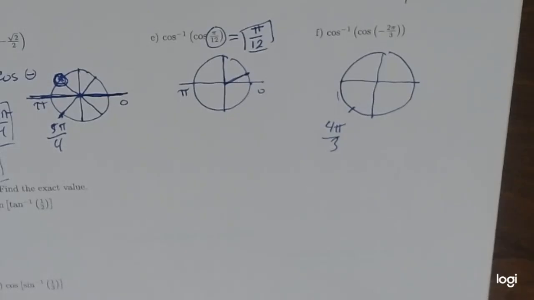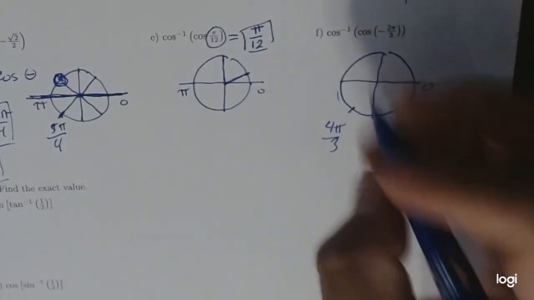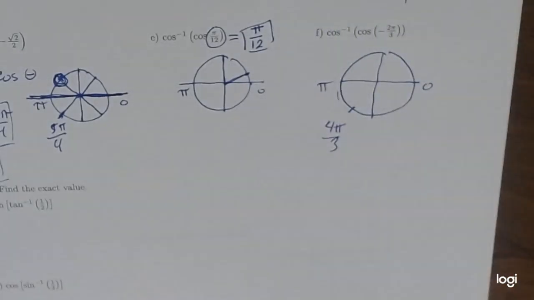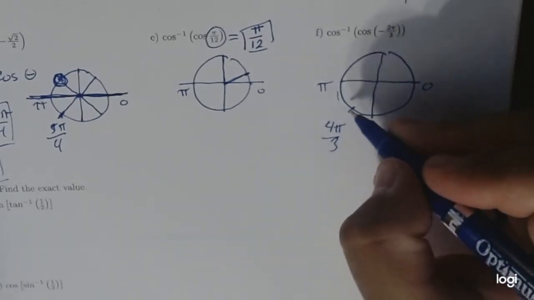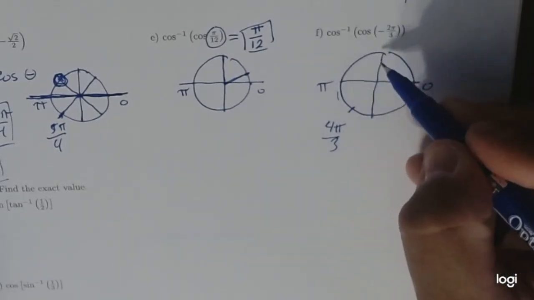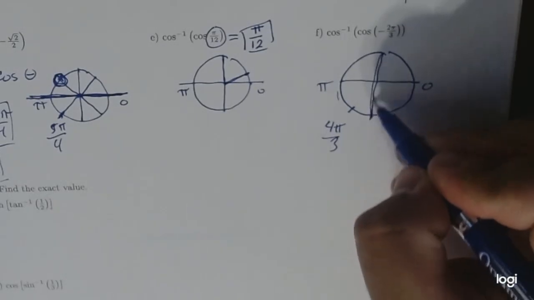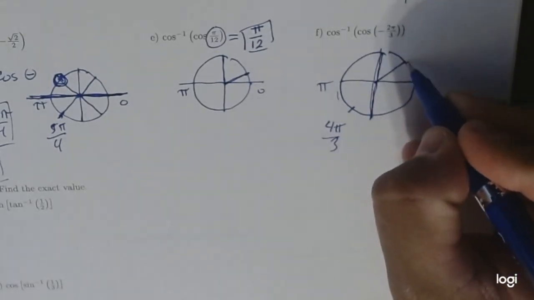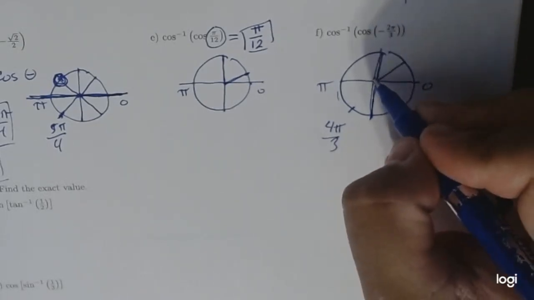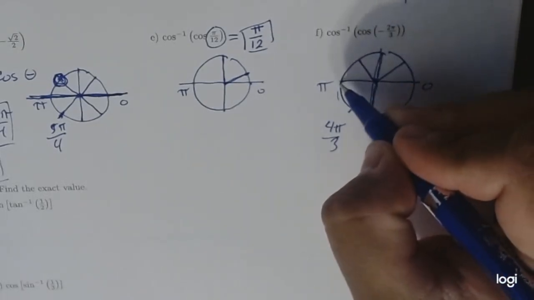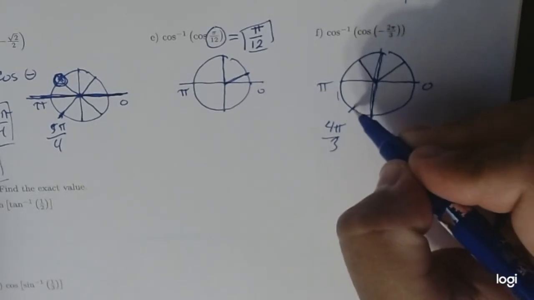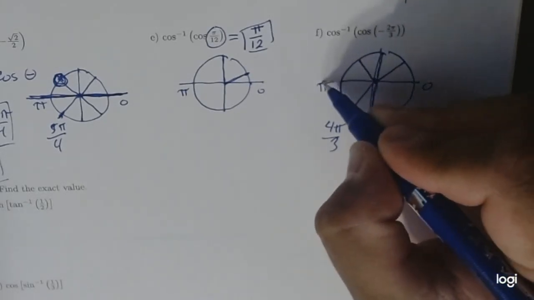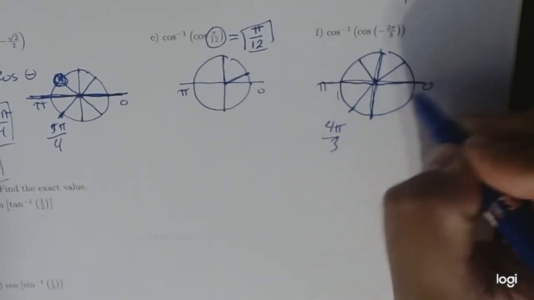So now that we know it's here, and we know cosine inverse goes from pi to 0, we're going to do the same thing. We're going to flip it. So we have 3 parts. If we do it ordinary, this is pi over 3, 2 pi over 3, 3 pi over 3, and so forth. Now we want to figure out, if I fold it this way, because this is cosine, where would this land?